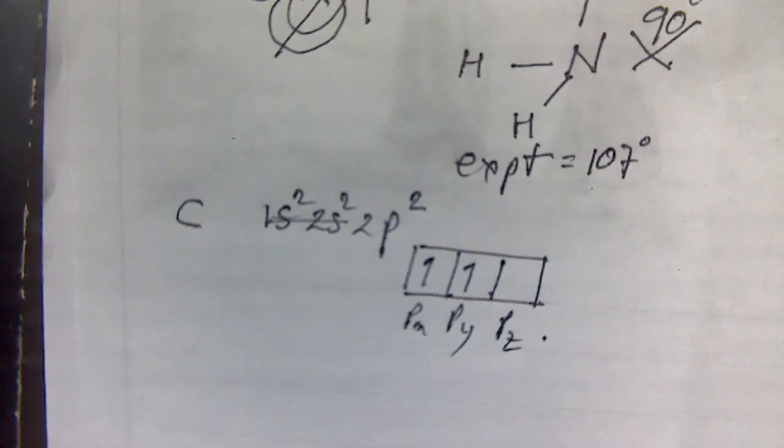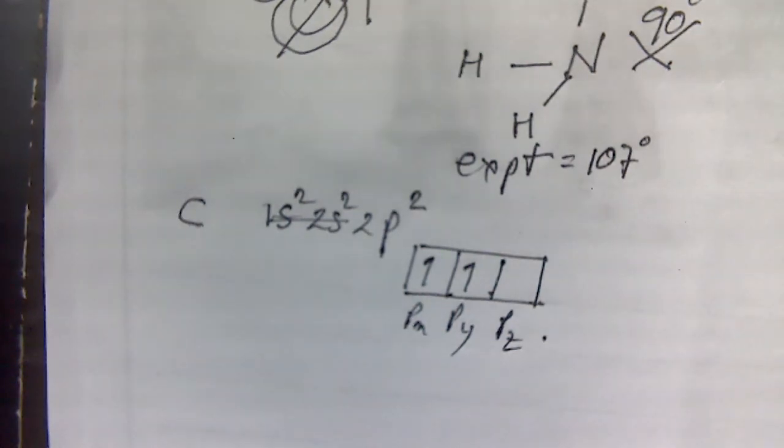So this valence bond theory could not explain the tetravalency, like valency of carbon is 4, but it could not explain why carbon exhibits tetravalency. Clear?